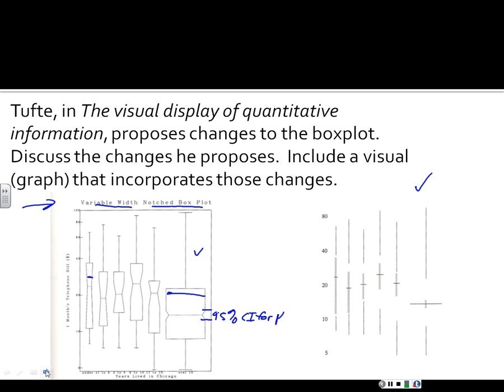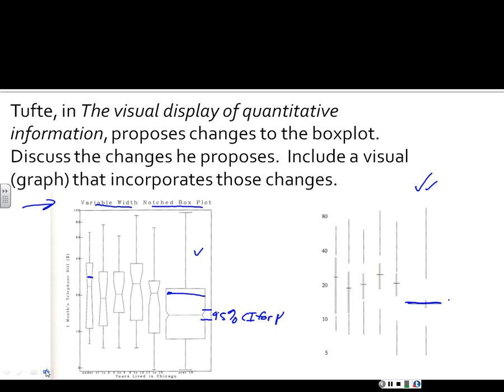And as you'll see when you read, Tufte thinks you should minimize the amount of ink and that it's easier to see what you have going on. So in this next one, where it's just lines, this really is just his redo of a box plot. This is the same data as the variable width notch plot over here. So if we just look at this one on the far right, the width of this bar, that's also the median, but the width of that bar is the sample size, just like the width of the box plots were over there.